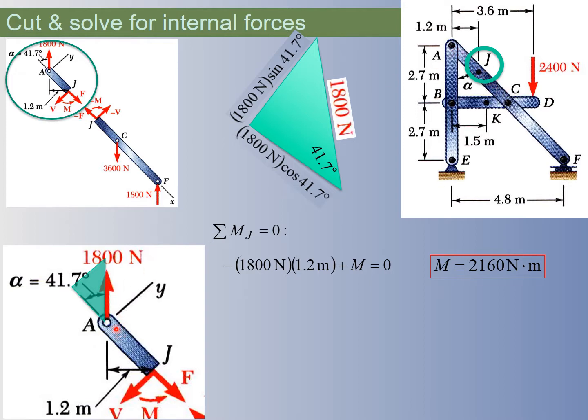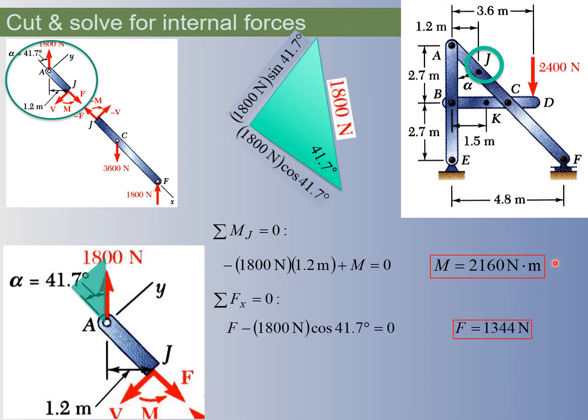If you're really close, that's a really short moment arm, and the moment isn't too big. But as we get farther and farther away, this little guy is going to grow proportionally to the distance. Usually beams will break because of the moment, because the moment is never just a force. It's a force times a distance, and that is always going to be the combination that breaks it.